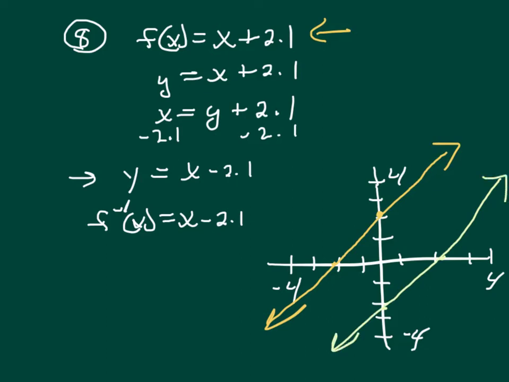Notice the two lines are a reflection over the line y equals x, which runs right down the center. So there's the graph and its inverse. Go ahead and pause it and work through the next question.